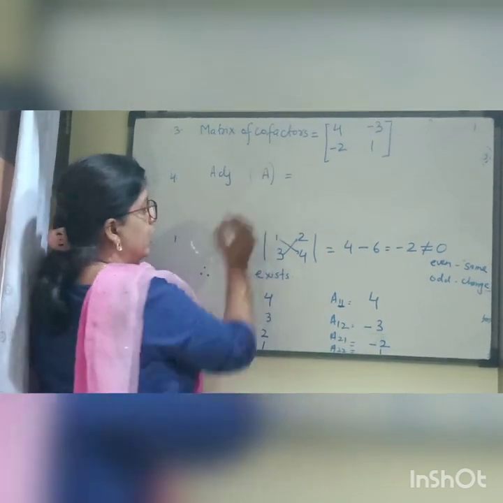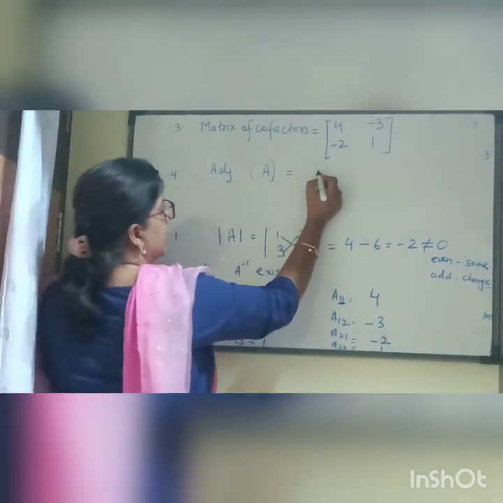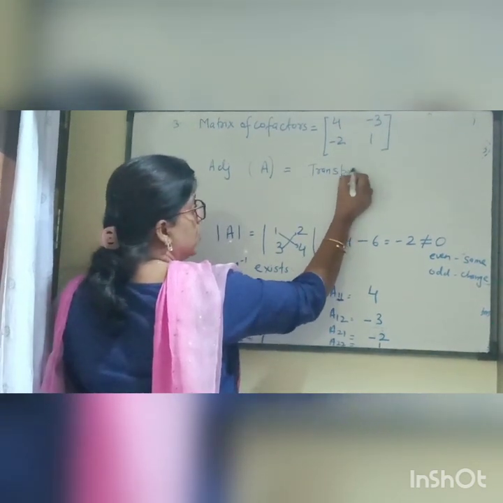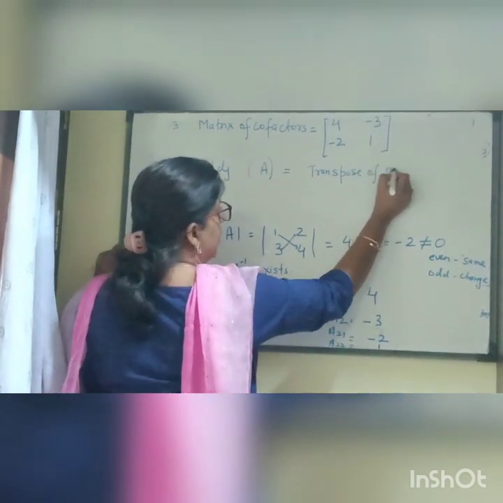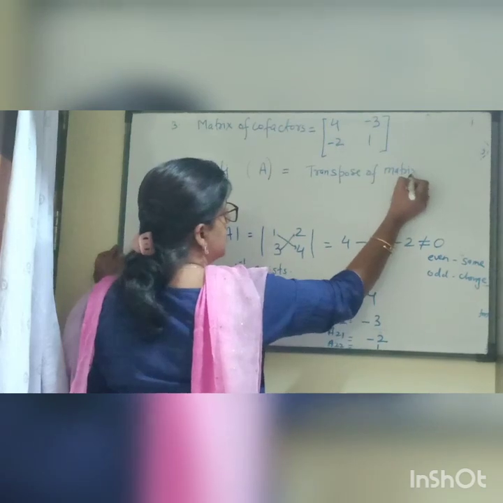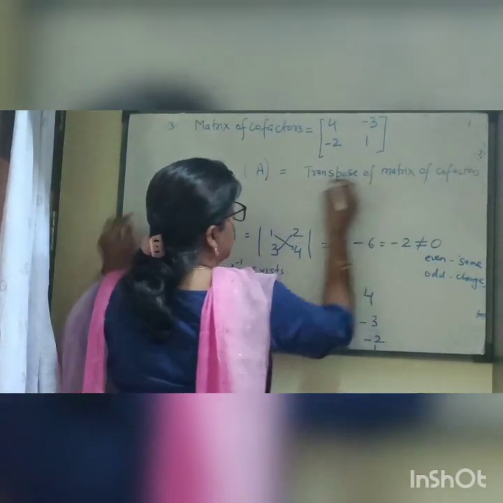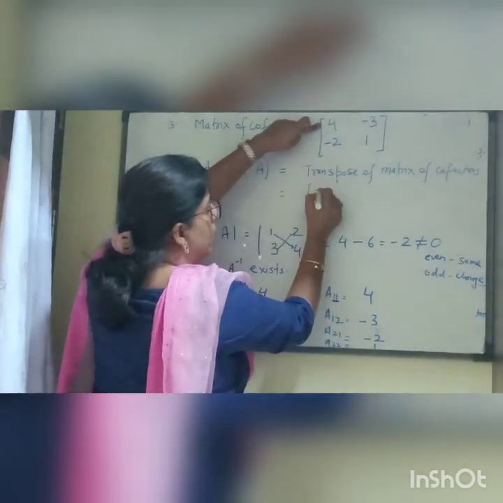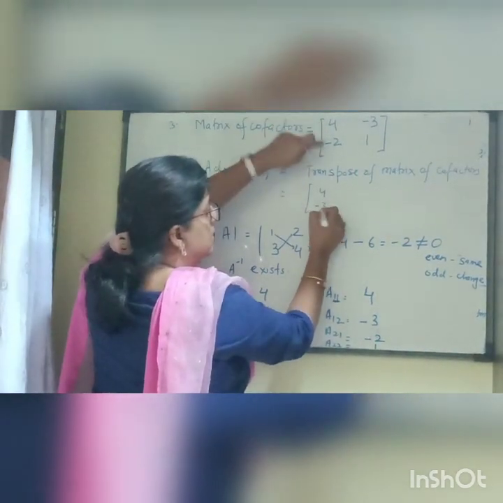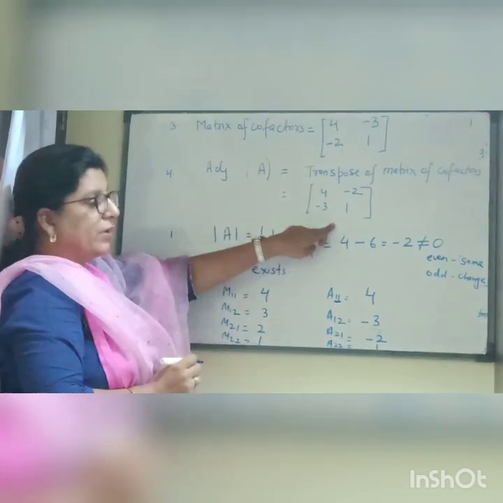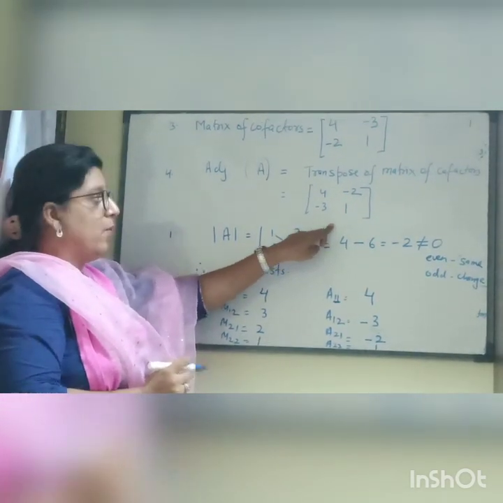So adjoint of A is the transpose of the matrix of cofactors. So it's the transpose of 4, minus 3, minus 2, 1. So we have completed the fourth step also.